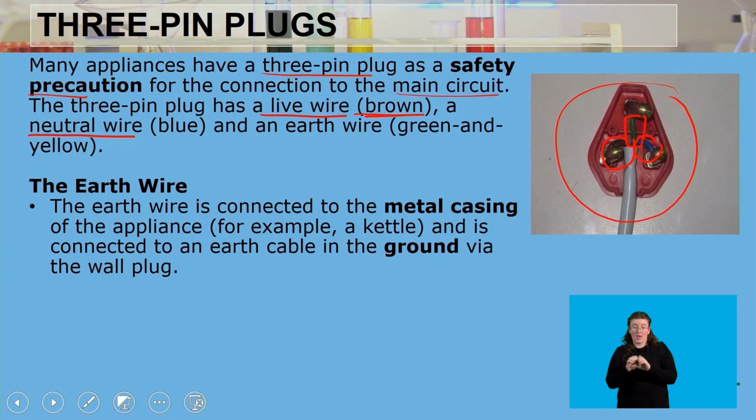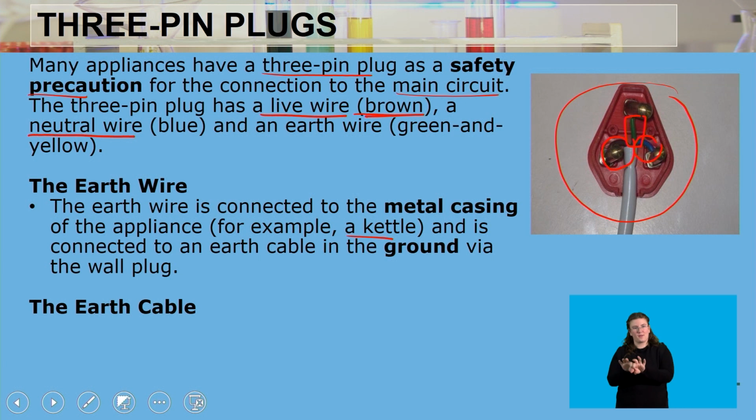Now, what happens on each wire? The earth wire first. The earth wire is connected to the metal casing of the appliance, for example a kettle, and is connected to an earth cable in the ground via the wall plug.